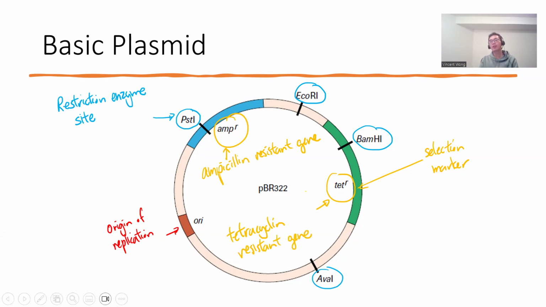In other words, if the bacteria accepts the plasmid, they will be able to gain antibiotic resistance for either ampicillin or for tetracycline. So let's take a closer look at that. I'll give you another note, but write down what you need first, and then we will talk about it.